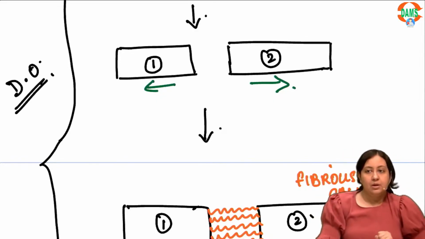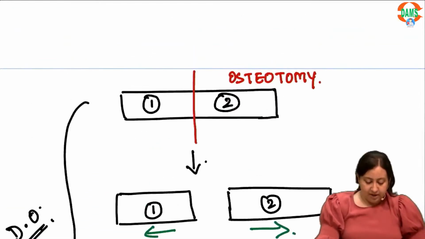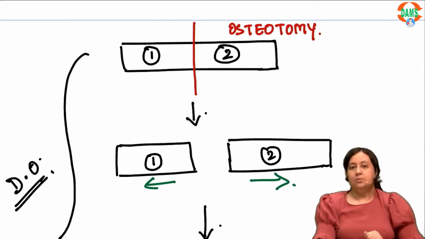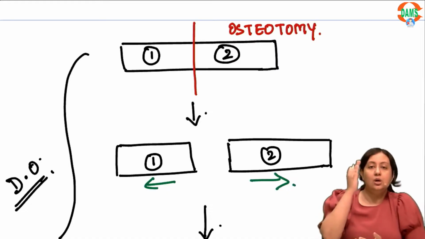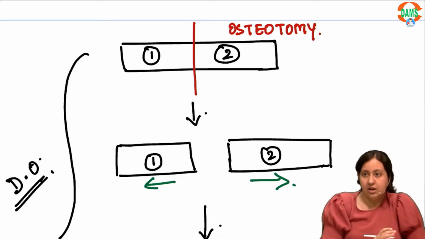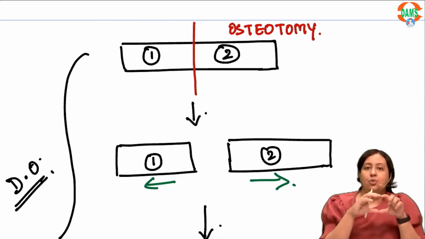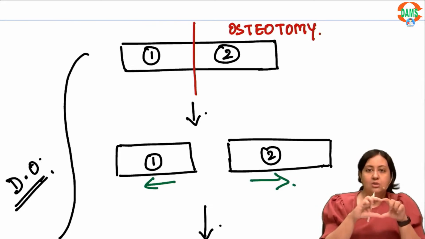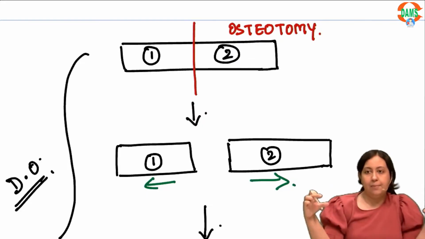Okay, I'll quickly repeat again so that you understand. So first what you do is, you do an osteotomy. You cut the bone into two. Okay, then you apply a force across both these segments. You pull them apart.